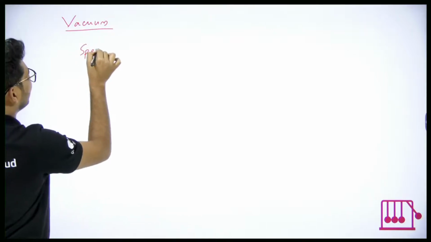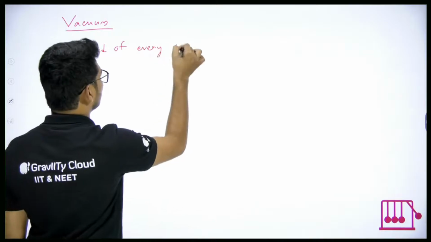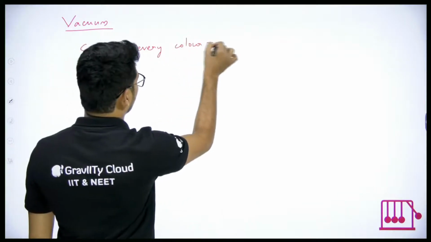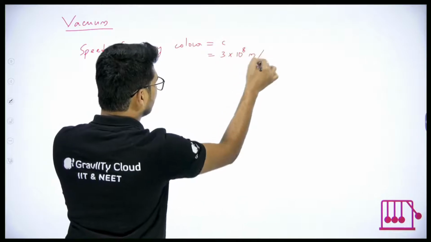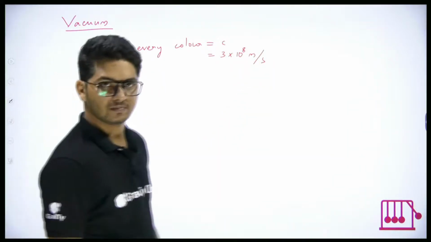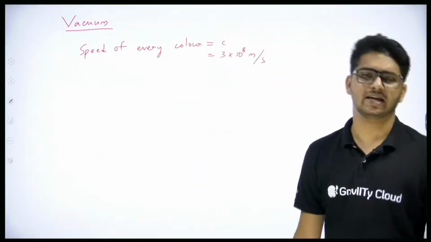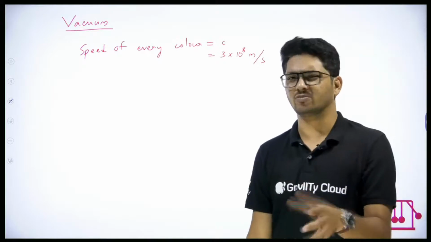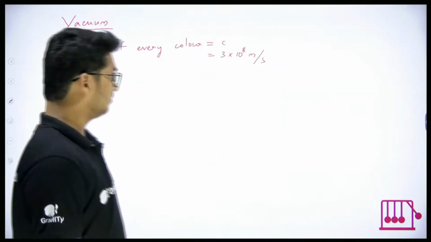And how much is that equal to? It is equal to C, and that is equal to 3 into 10 power 8 meter per second. All of them have the same speed only in vacuum and also in air. Air and vacuum are almost the same when it comes to refractive index.